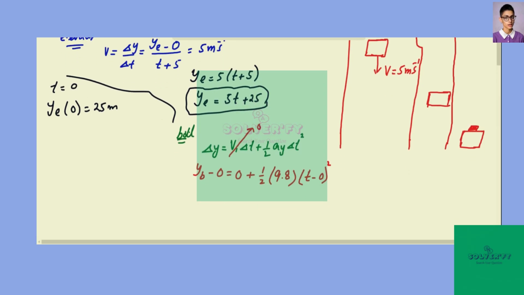This gives us position of bolt after t seconds equal to 4.9 times t square.